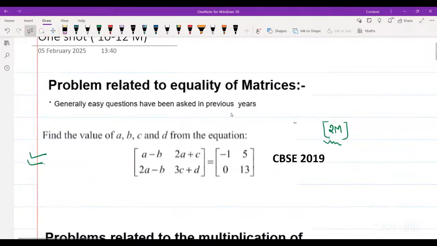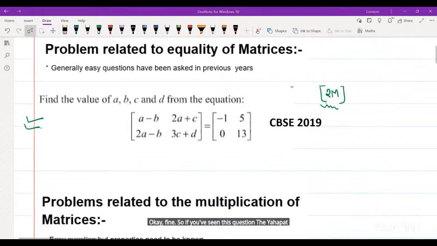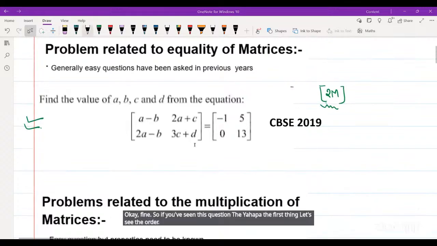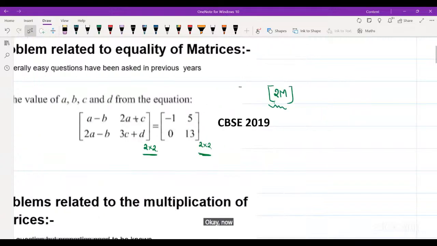Okay, fine. So if you see in this question, the first thing, let's see the order. What is the order of this? This is 2 by 2. The order of this one is also 2 by 2, right? Now the orders of the matrices are equal, right? Right, people? Yes, sir. Okay. Now the next thing, the corresponding elements should be equal.